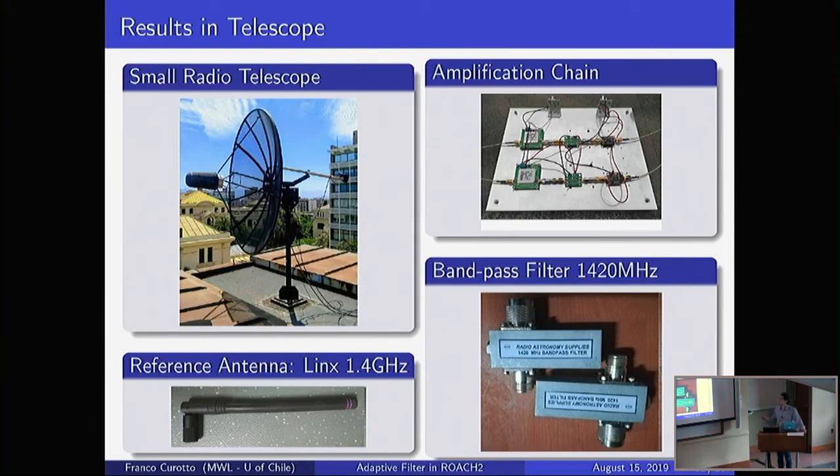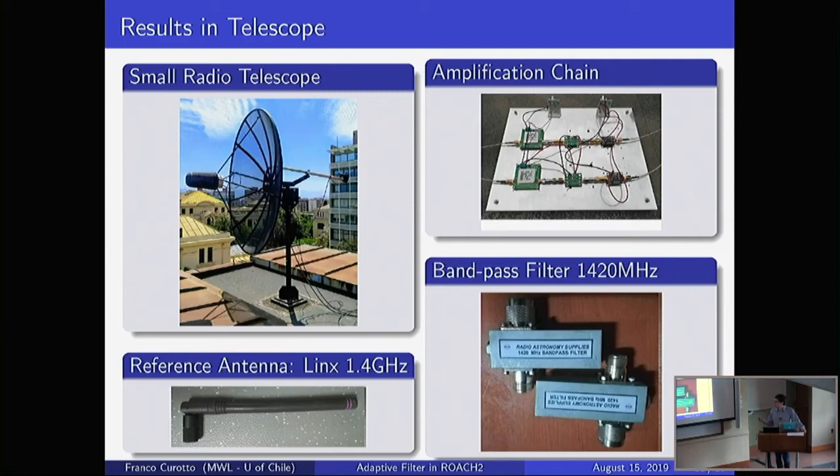This is the system that I used to test it in a real environment, a small radio telescope designed at MIT, at the Haystack Observatory. For the reference antenna, you can use any type of antenna. I used a simple commercial dipole antenna at the frequency that I was testing, 1.4 gigahertz.